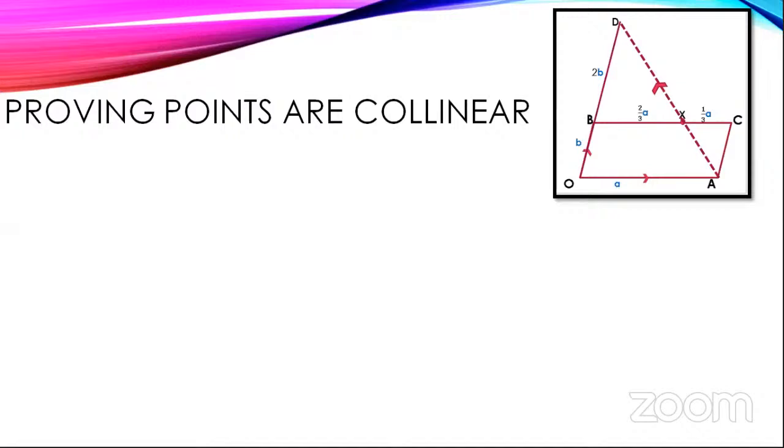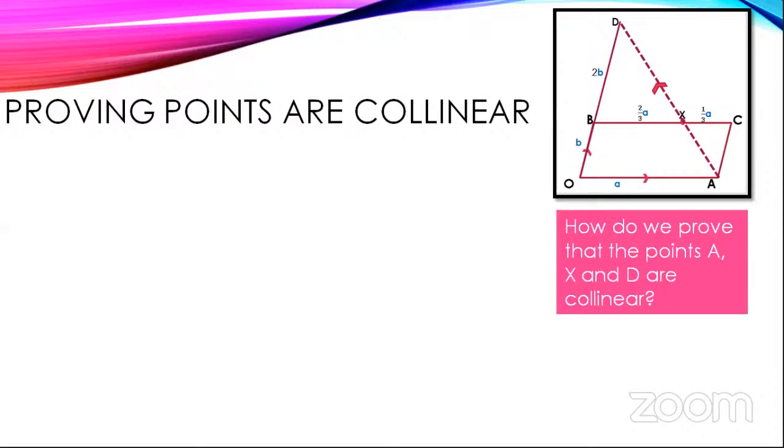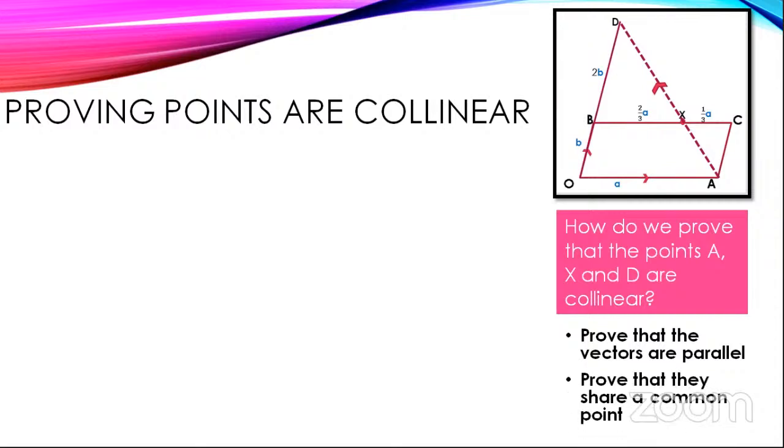X. All right, very good. So we are now proving that they have a common point. This is how we are going to guide you through the proof. One, we're going to prove that the vectors are parallel. So make sure you write this down. We are also going to prove that they have a common point. All right, so let's look at that.